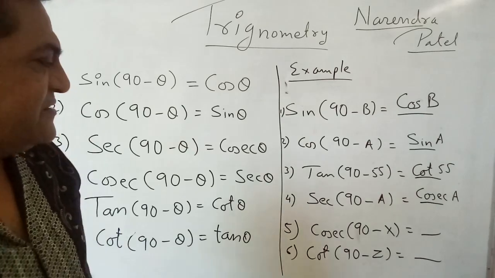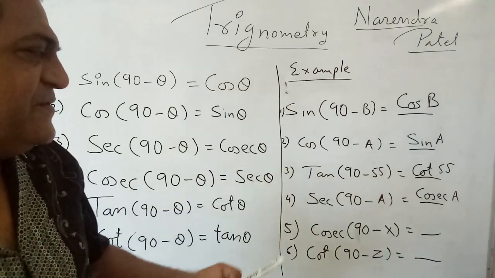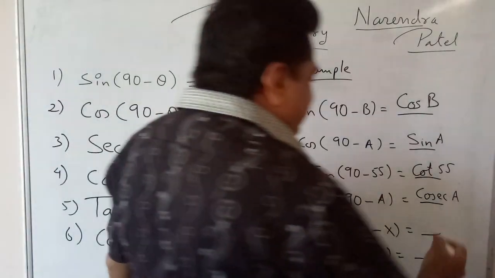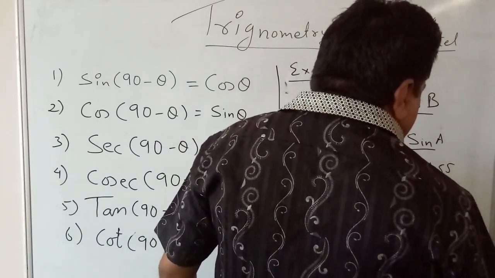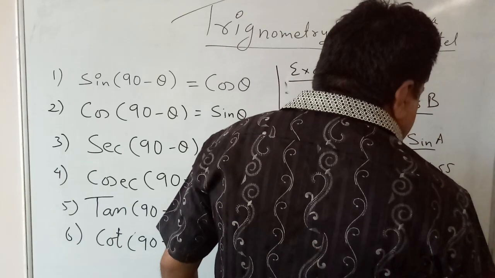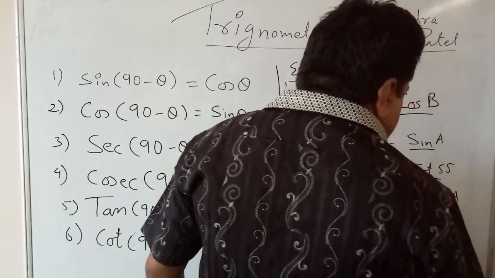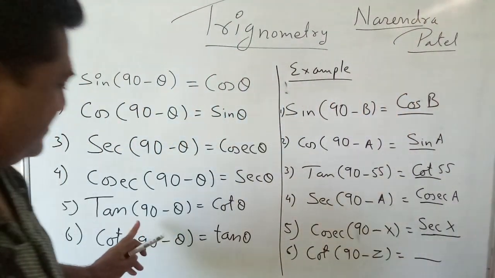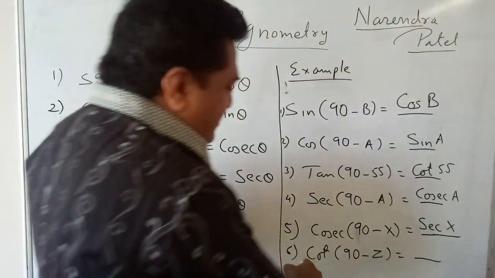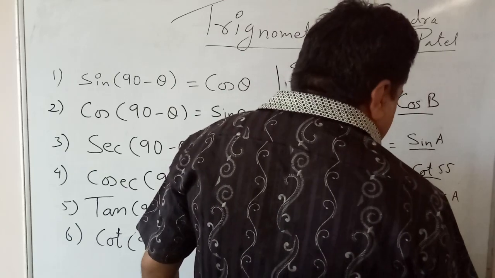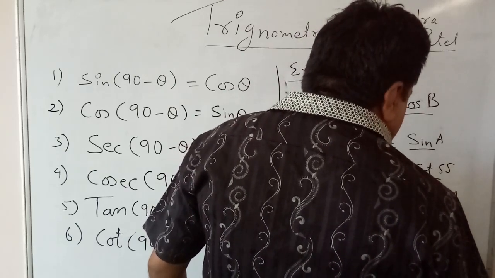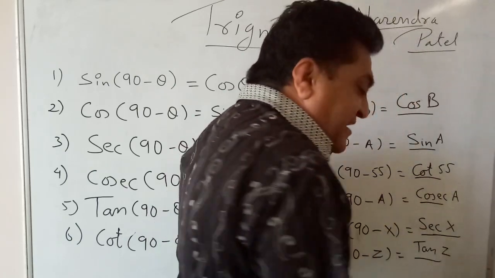Understood? Cosec is converted into sec, so you will write sec. And what is the angle? x. So you will write x. Understood what I am doing? Just from here you should know the conversion. Cot 90 minus z: cot is converted into tan, so you will get tan z.